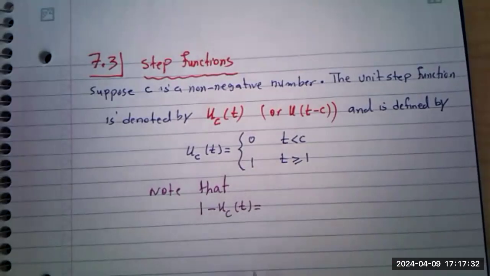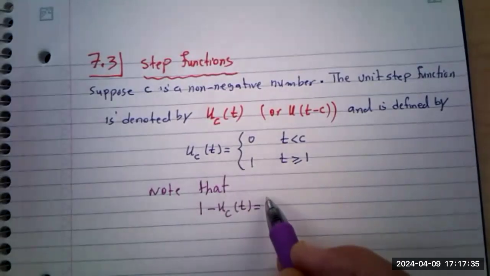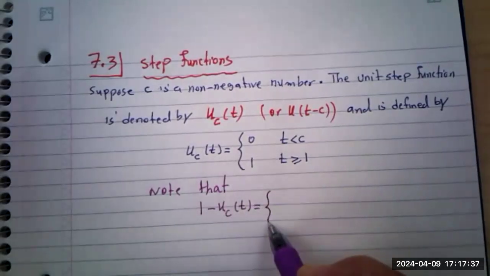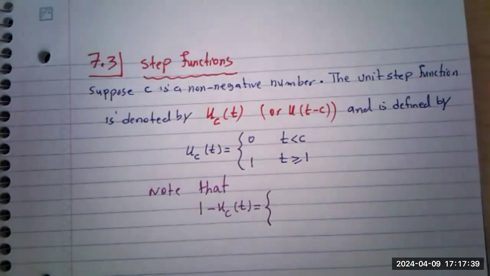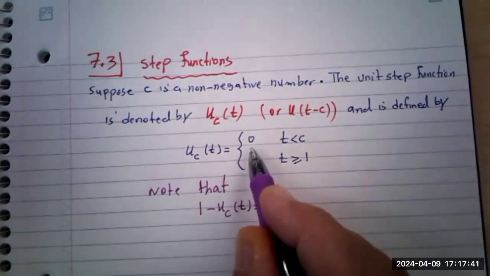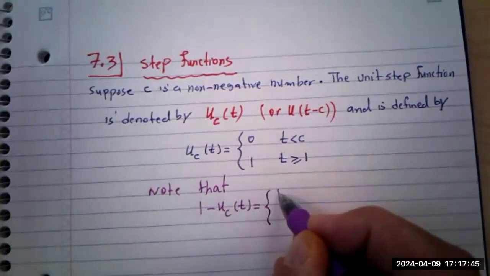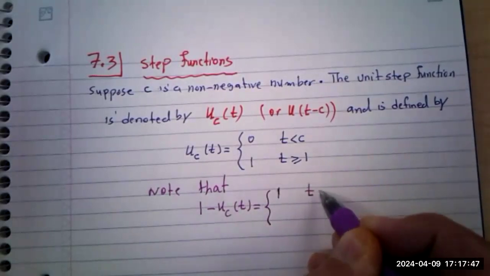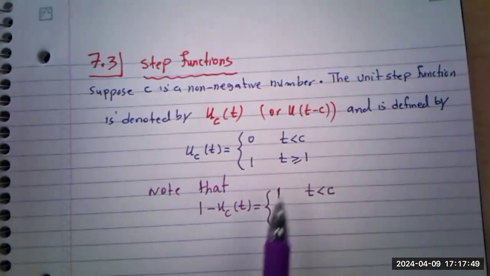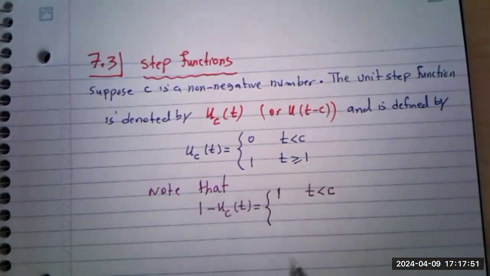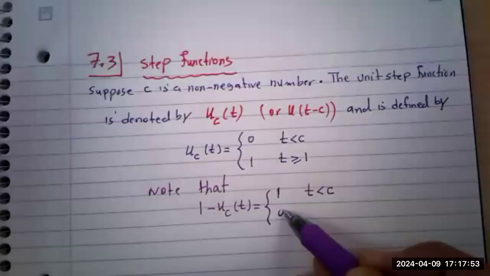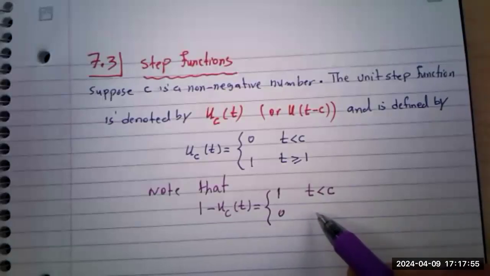1 minus UC(t). If you put it on the top there, you see the top part would be 1 because this is 0. 1 minus 0 would be 1. So it's going to be 1 when t is less than C. And over here, 1 minus 1 would be 0. So make a note of both of them.